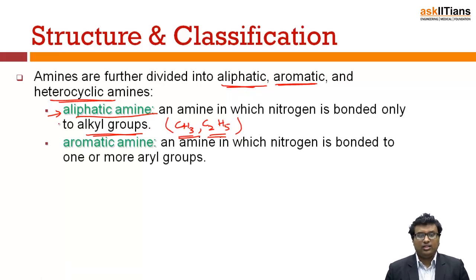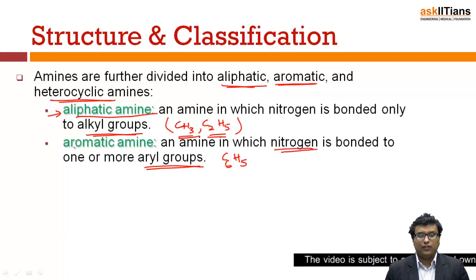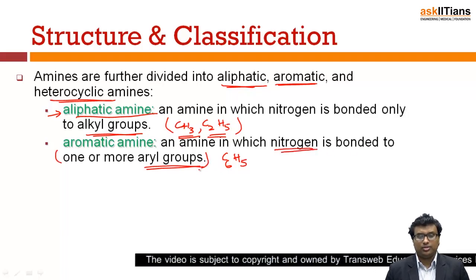Just like in an aliphatic amine you have an alkyl group, in an aromatic amine you have an aryl group. That means your ring structures, that means your C6H5 group. So an aromatic amine is an amine in which your nitrogen is bonded to one or more aryl groups.